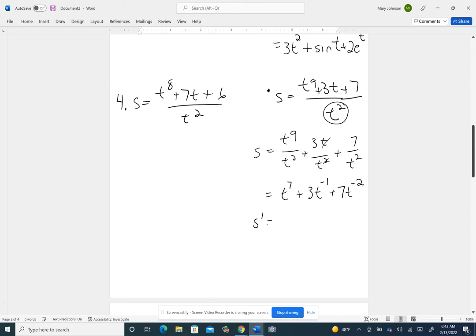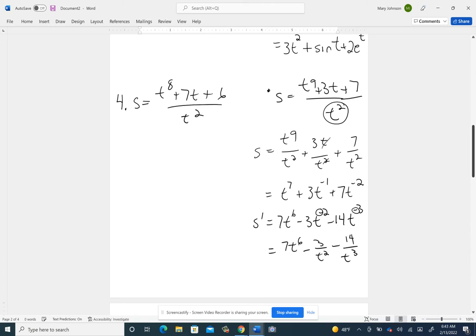Now we're ready to do the derivative. 7t to the 6th minus 3t to the negative 2 minus 14t to the negative 3. And then you need to rewrite it because you have these negative exponents. So we wind up with 7t to the 6th, okay, minus 3 over t squared minus 14 over t to the 3rd.